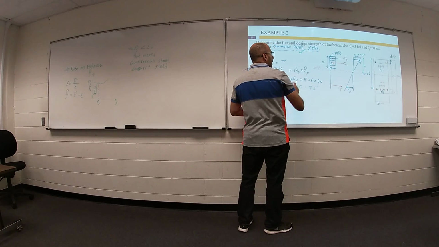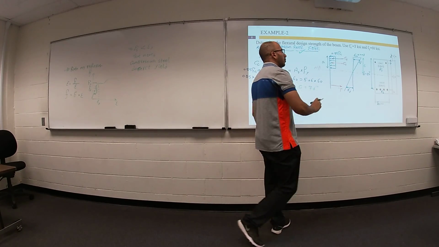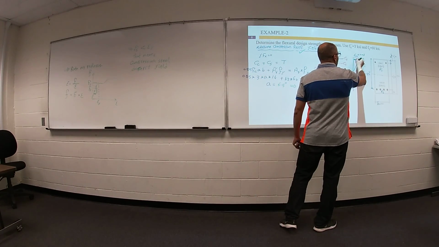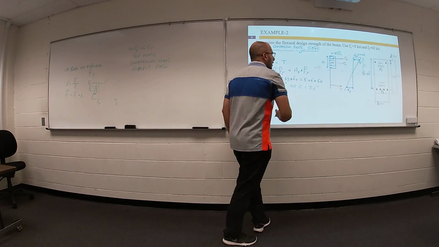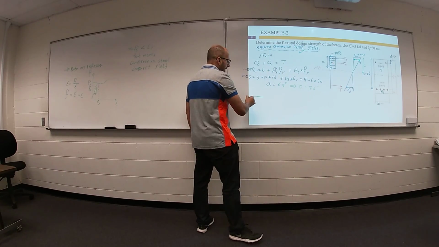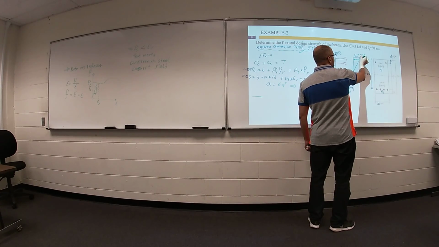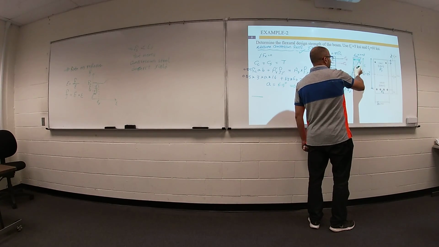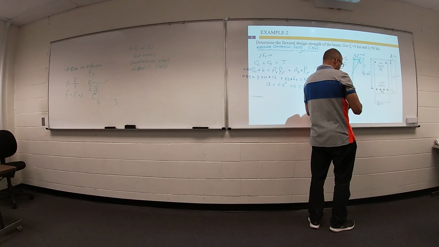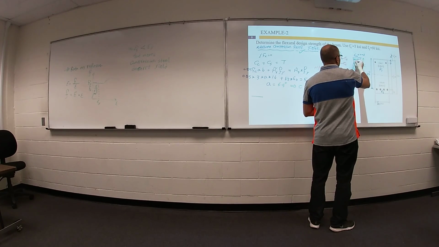Before finishing your problem, we need to check whether this assumption is correct or not. So, can you tell me what this value is? Epsilon steel prime. Make a triangle similarity between this triangle and the smaller one.